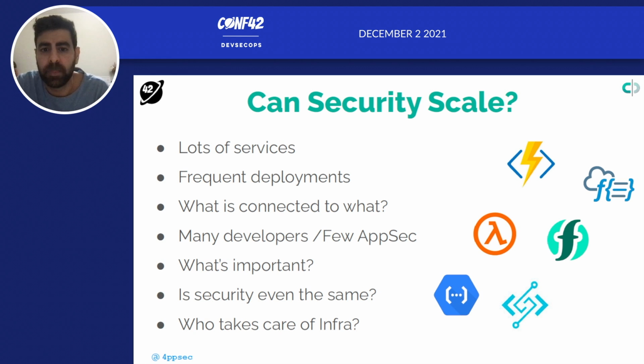What's important? Well, my Lambda could have permission to do something meaningful in my cloud, but it might not be connected to anything that allows an attacker to access it, or vice versa. I have a Lambda which has a code injection. Okay, very risky.